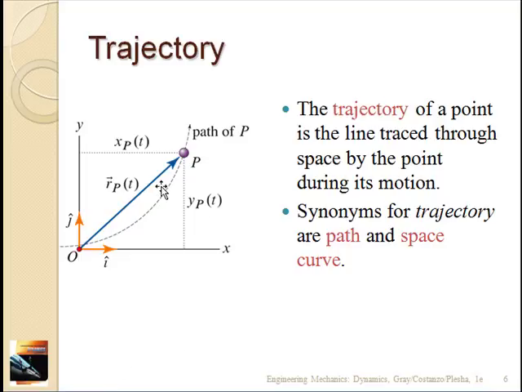If we just know the position vector at a specific time, it doesn't tell us anything about how the particle got there, but the trajectory does. This dotted path is a trajectory, and if we know what that is, we can trace out in history where the particle has been.